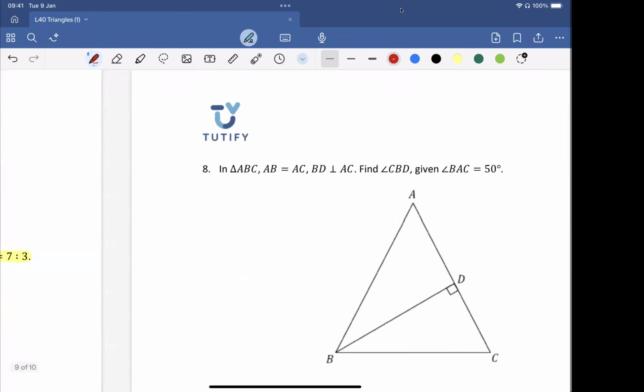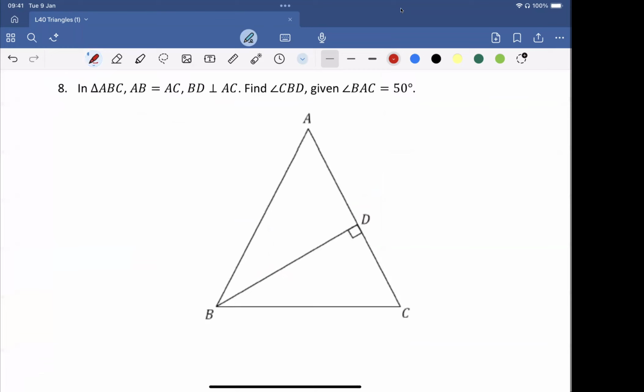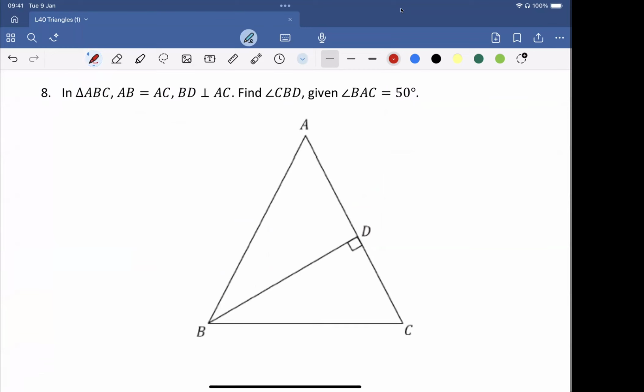All right, now let's try question 8. They say that AB equals to AC. Look, it is an isosceles triangle. That means this angle is equal to this angle. Then they say that this is perpendicular here, and they're asking you to find the angle CBD, given that BAC is 50.